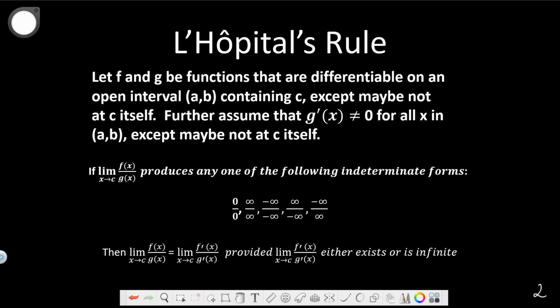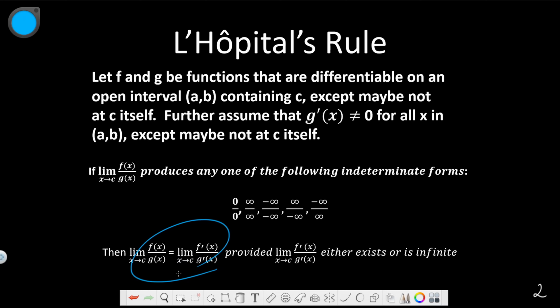But if you need more time, go ahead and just pause. Let's unpack this. I'm going to start by circling at the bottom what the theorem is actually saying. Then the limit as x approaches c of f over g is equal to the limit as x approaches c of the derivative of f over the derivative of g. That's what the theorem is saying.